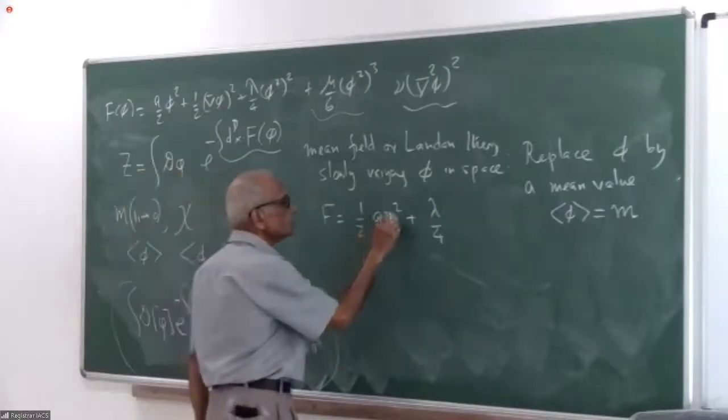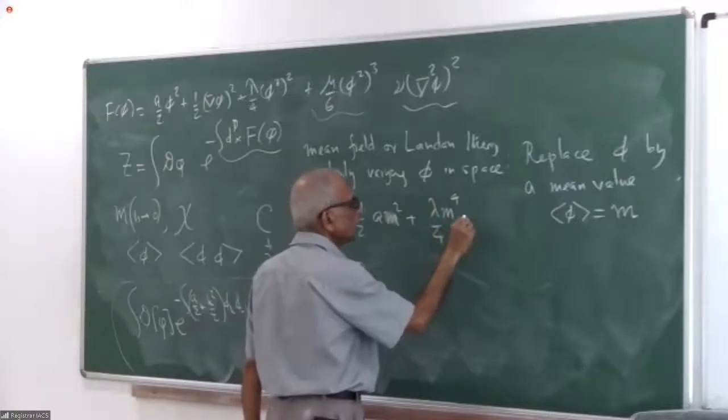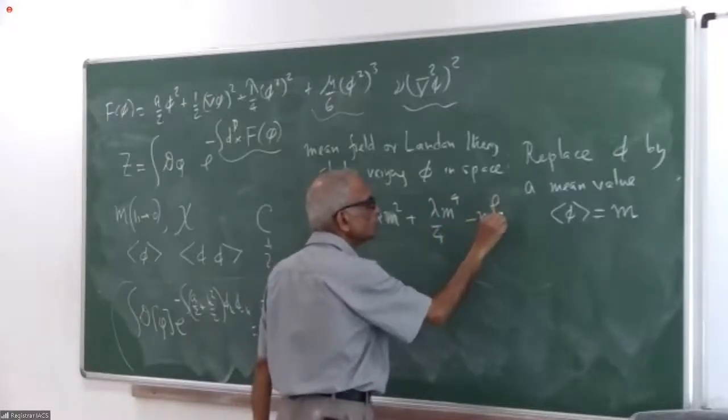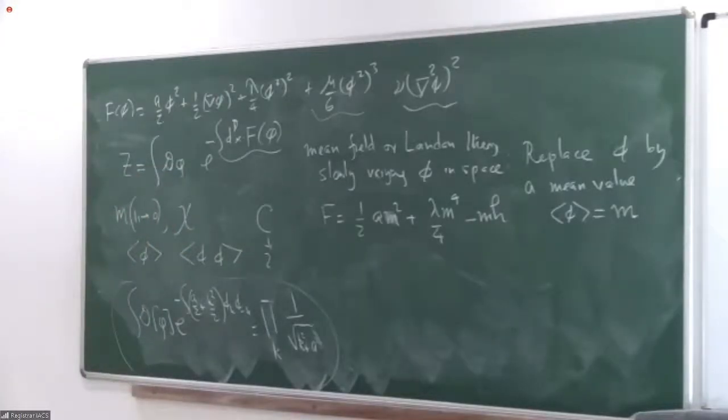So that is the m square over here, and then you have an m4 over here. And if I have an external field, then it is minus H m. So that would be the answer.